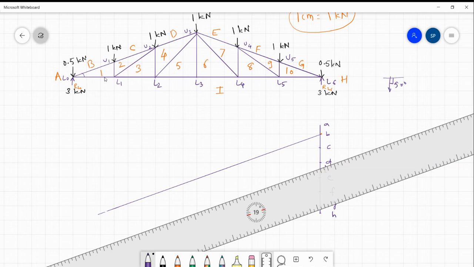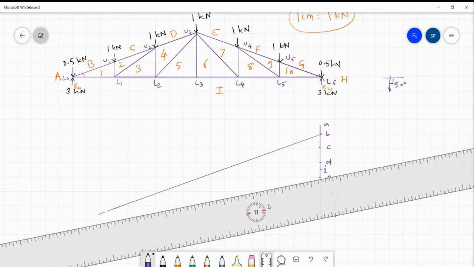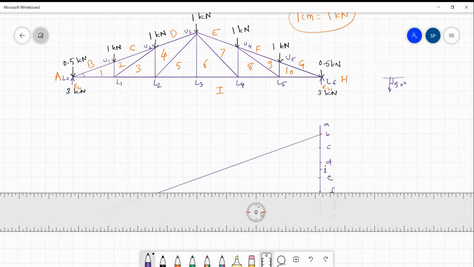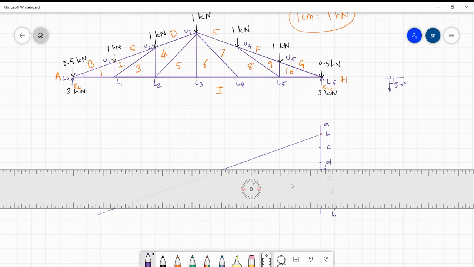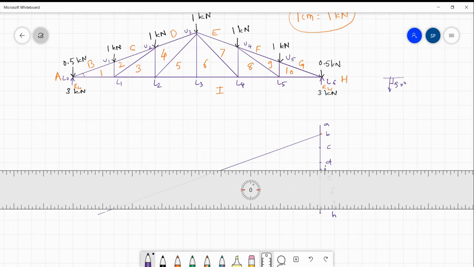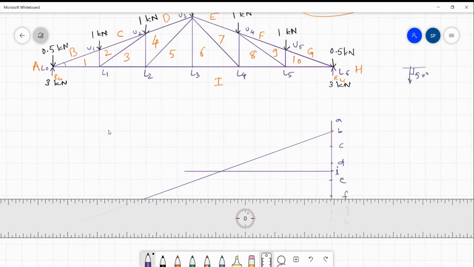Now, if I plot a line parallel to I1, which is horizontal, wherever these two lines meet each other, that is nothing but the point 1. So this intersection point is nothing but that unknown point 1.